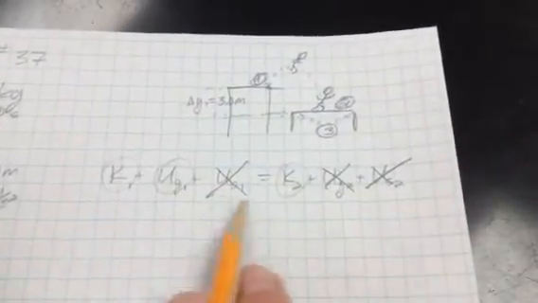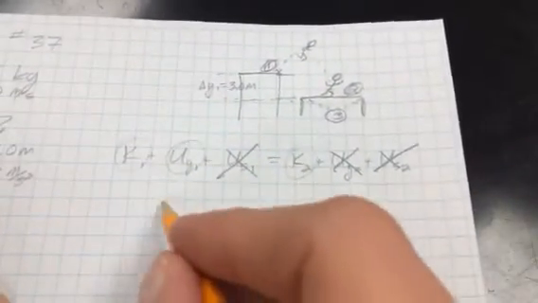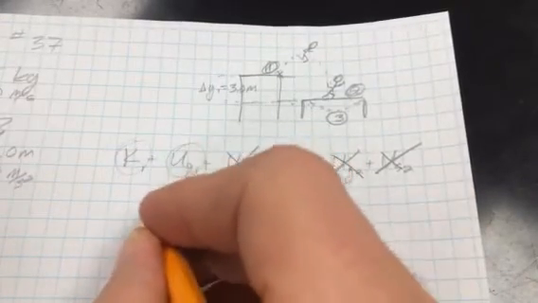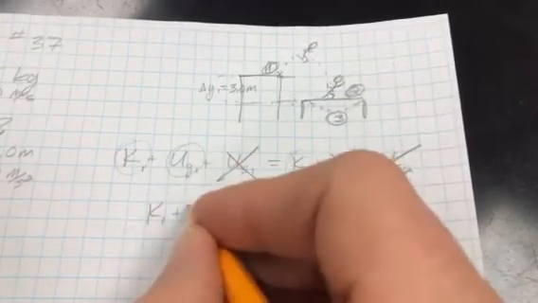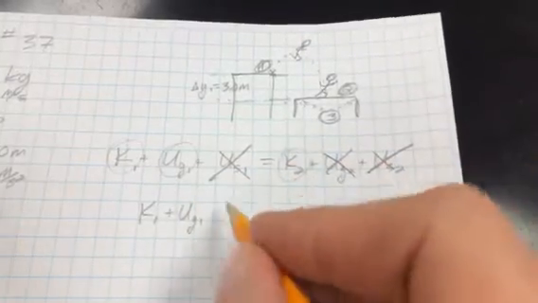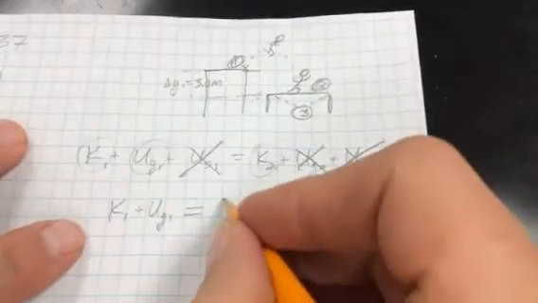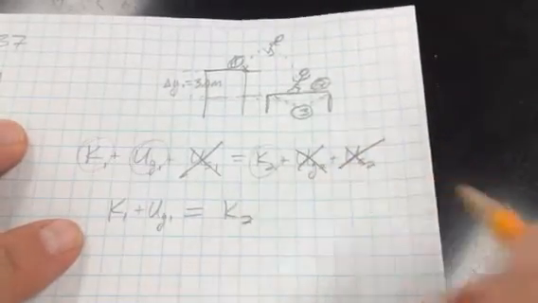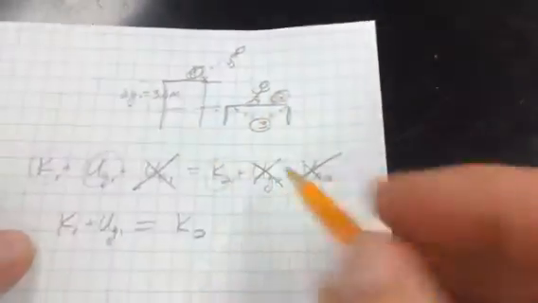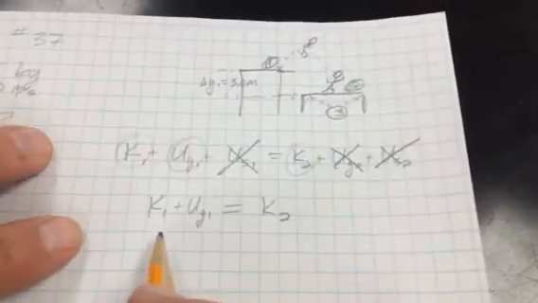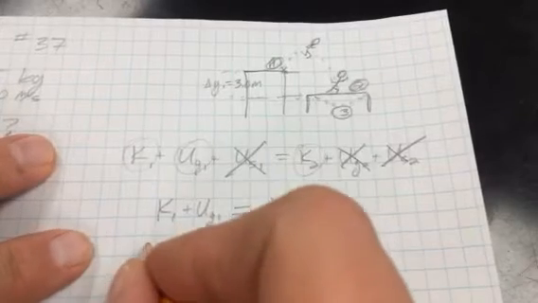So what do I do with this information? Well, this gives me a place to start with my conservation of energy expression. I know that the person has kinetic energy and gravitational potential energy at point 1, and whatever energy they start with at point 1 is going to equal the kinetic energy they have at point 2, right when they get to the level of the trampoline. Now I can expand that expression a little bit.